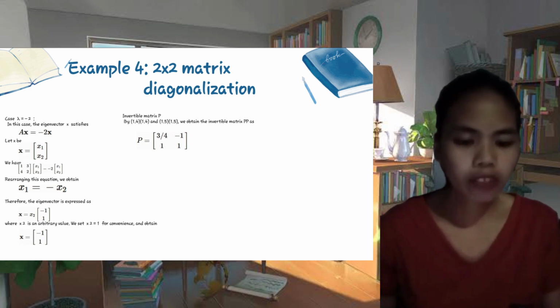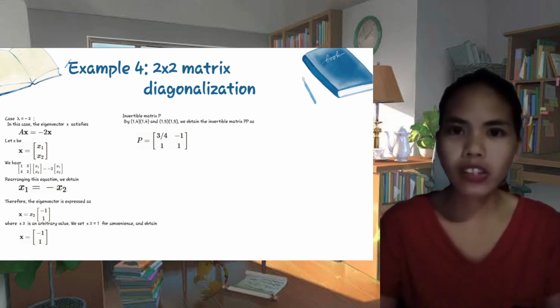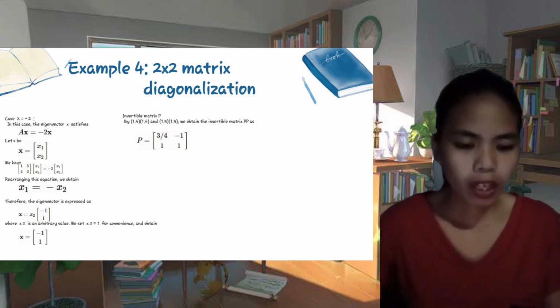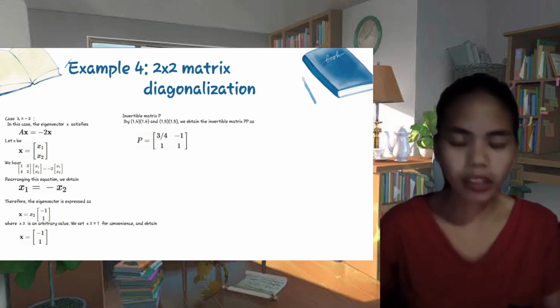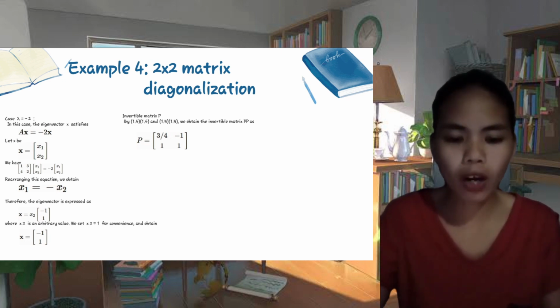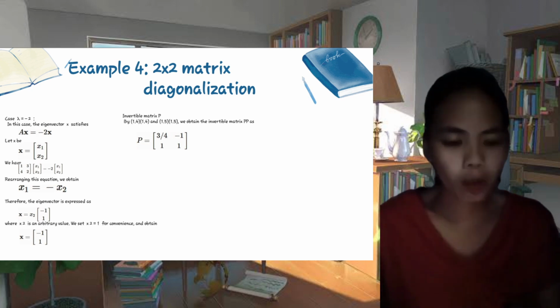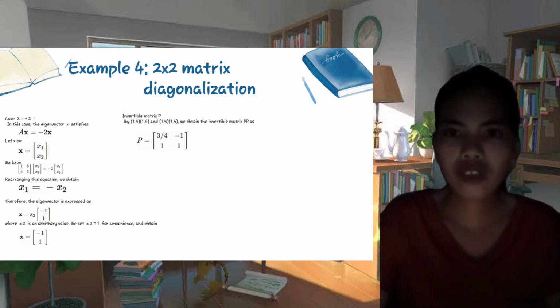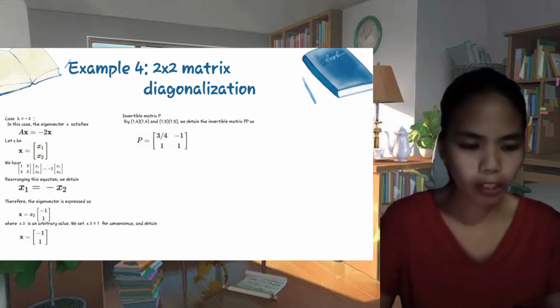Therefore, the eigenvector is expressed as x equals x2 times [3/4, 1], where x2 is an arbitrary value. We set x2 equal to 1 for convenience and obtain x equals [3/4, 1].